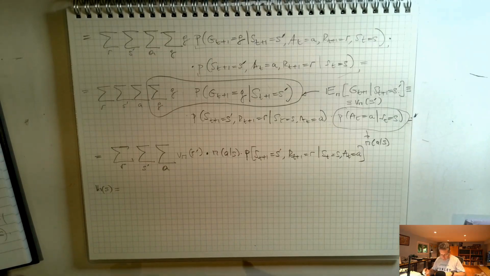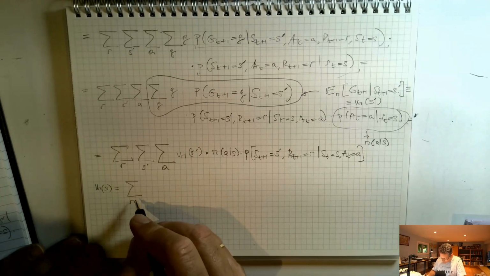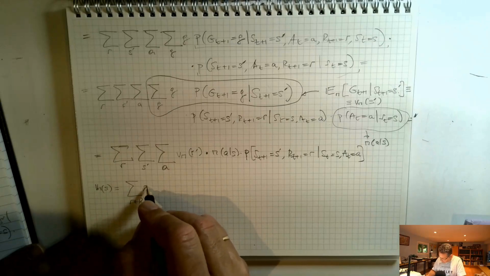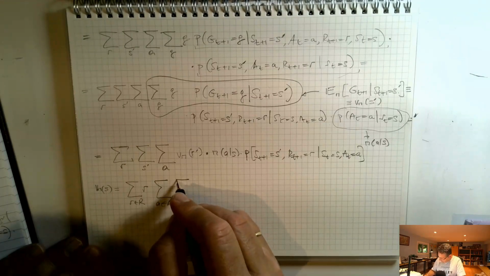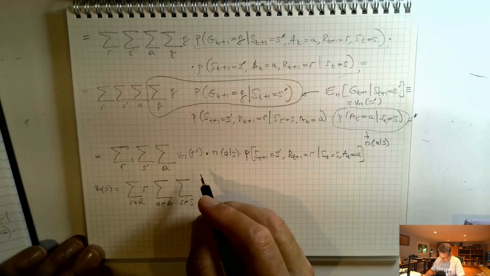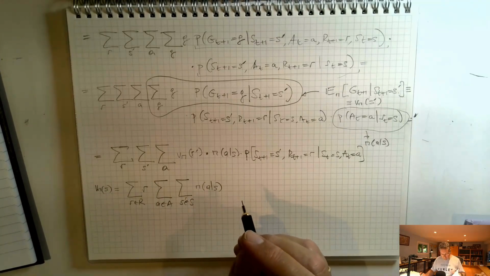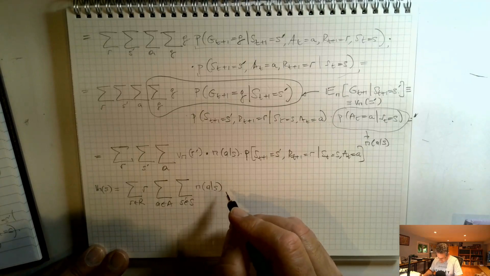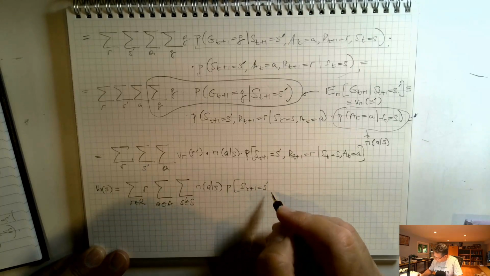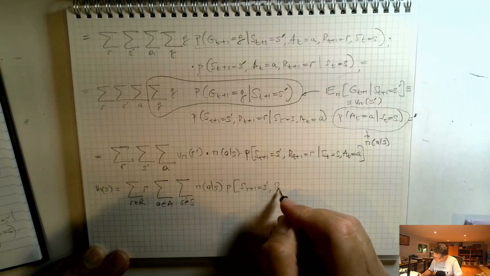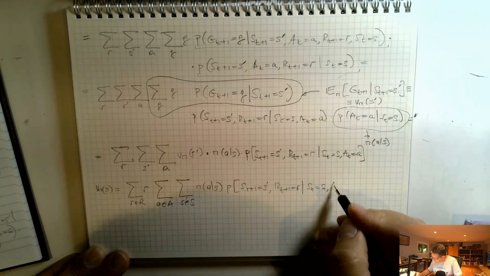The first term was a summation over r that belongs to a set of rewards, times a summation over a, a summation over s prime, of pi of a given s times p of S_{t+1} equals s prime, R_{t+1} equals r, given S_t equals s, comma, A_t equals a.